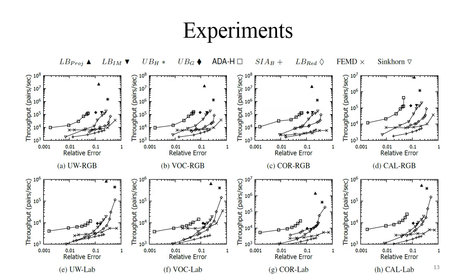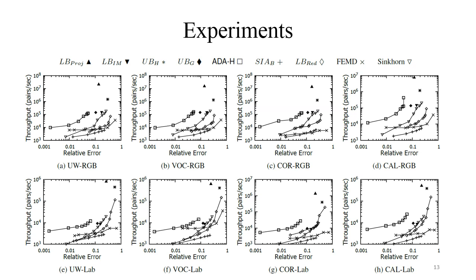In our experiments, we utilize two feature extraction methods, which are based on the division of RGB and LAB color space, to extract histograms in 4 datasets. These features are sparse and skew. Here, ADAH is our best method.